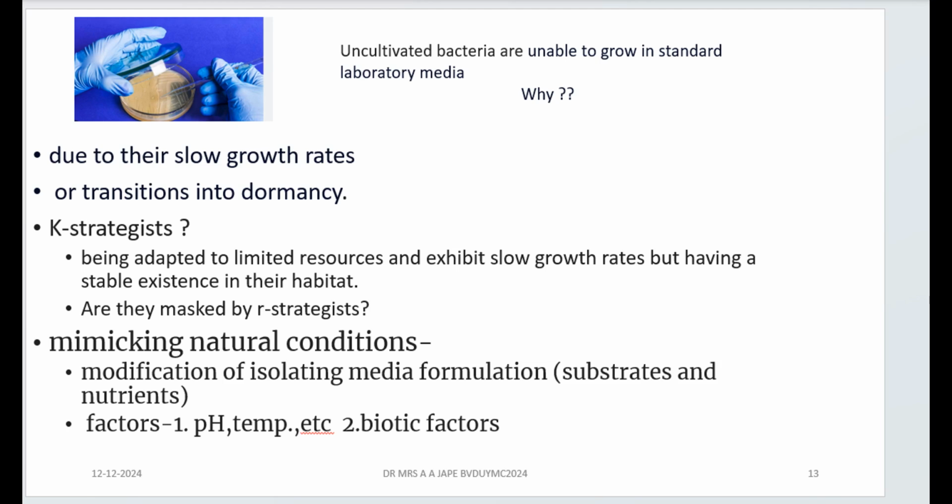Right? So whether the DNA is coming from a live cell or a dead cell, that is one case. Even if it is from a live cell, why is it not culturable? Then that remains to be discussed, right?